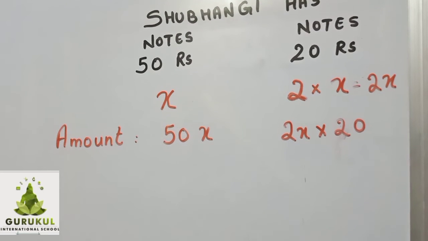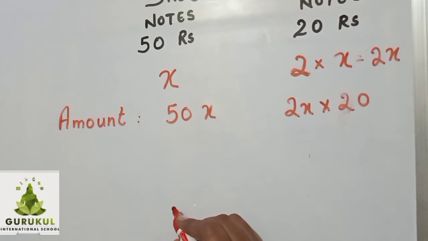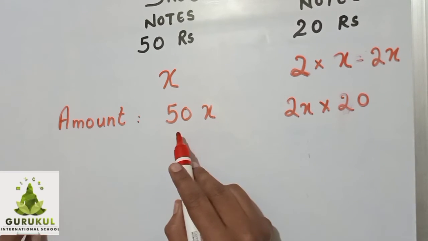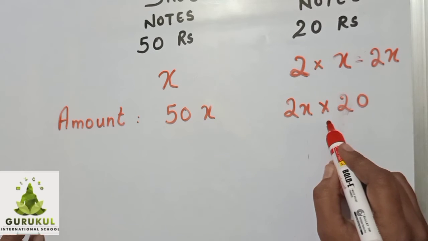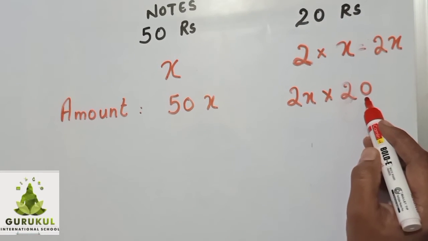Now, what is the next step given? All together she has 2,700 rupees. So, all together means what? This 50X plus this amount, that is 2X into 20, is equals to 2,700.